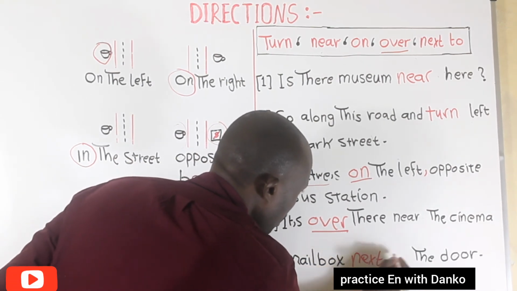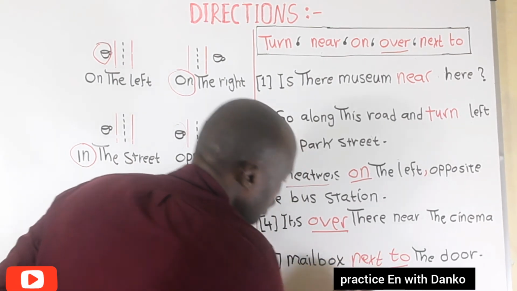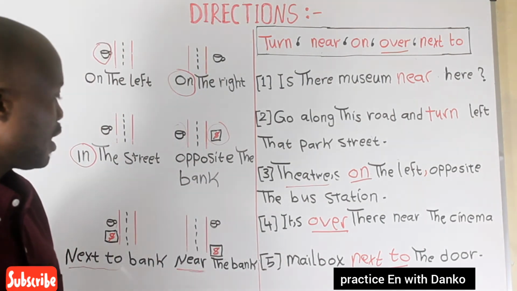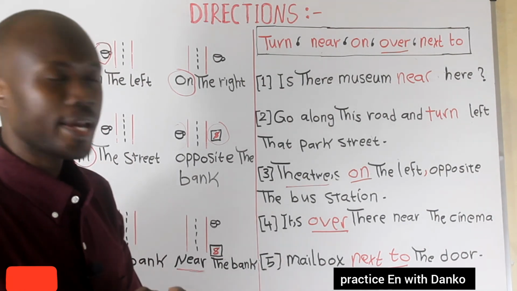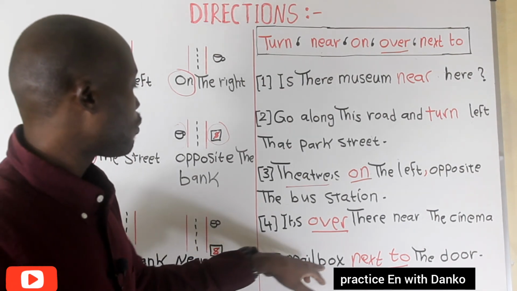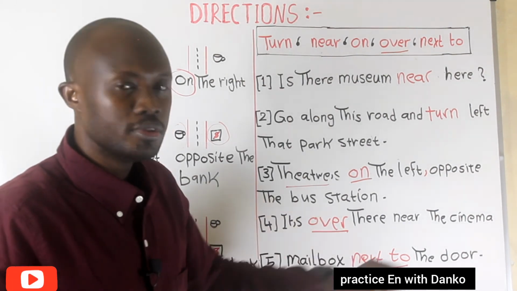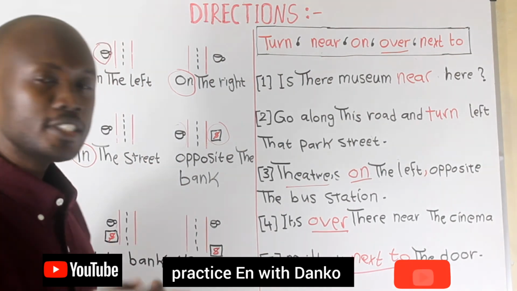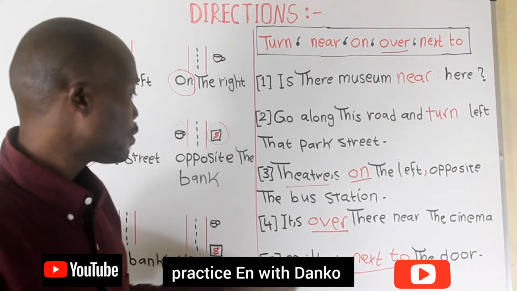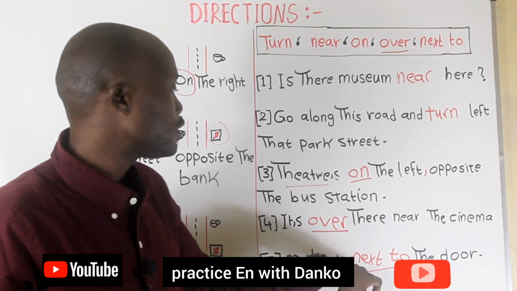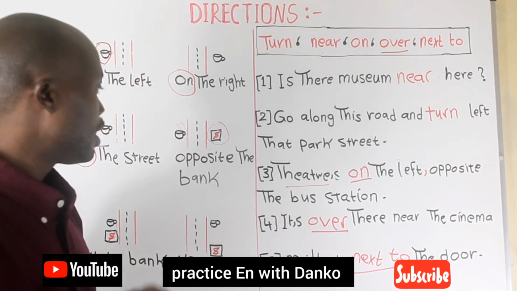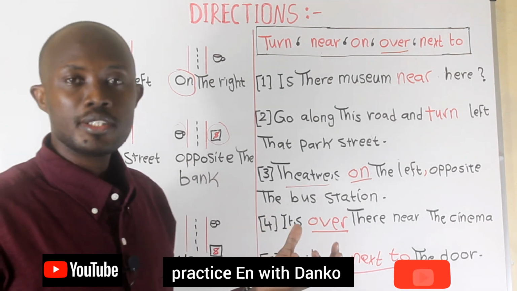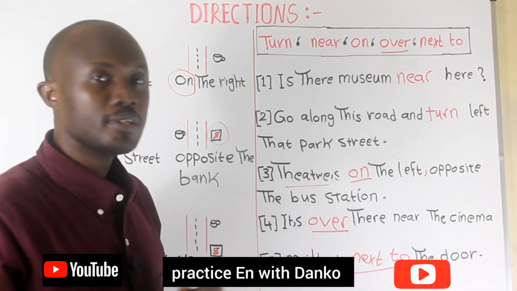The mailbox is next to the door. The mailbox is near or next to the door. This is the answer to give someone the direction of the mailbox.